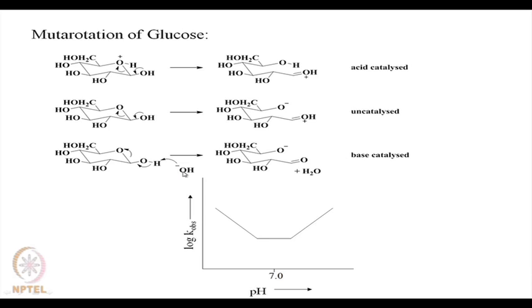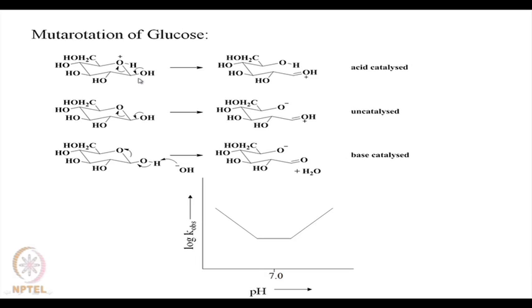Since there is no such OH minus or no such proton, because it is at pH around 7, uncatalyzed means around 7. So, in neutral pH, the concentration of H plus or OH minus is very low. So, under such low concentration, either this mechanism or that mechanism is difficult to operate.